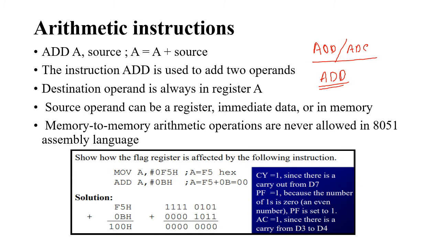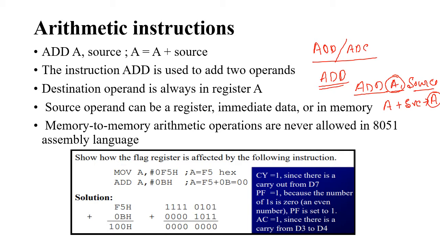So here, the syntax for the add instruction is ADD A comma source. What it does is add the content of the accumulator plus the source and load the result back into the accumulator. So the accumulator content will be overwritten.